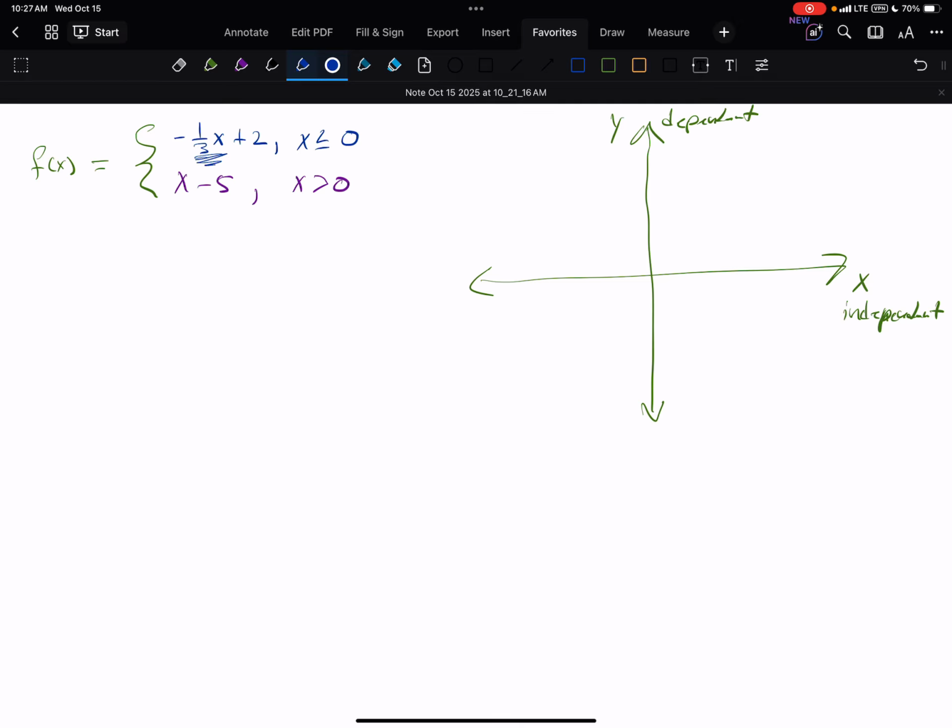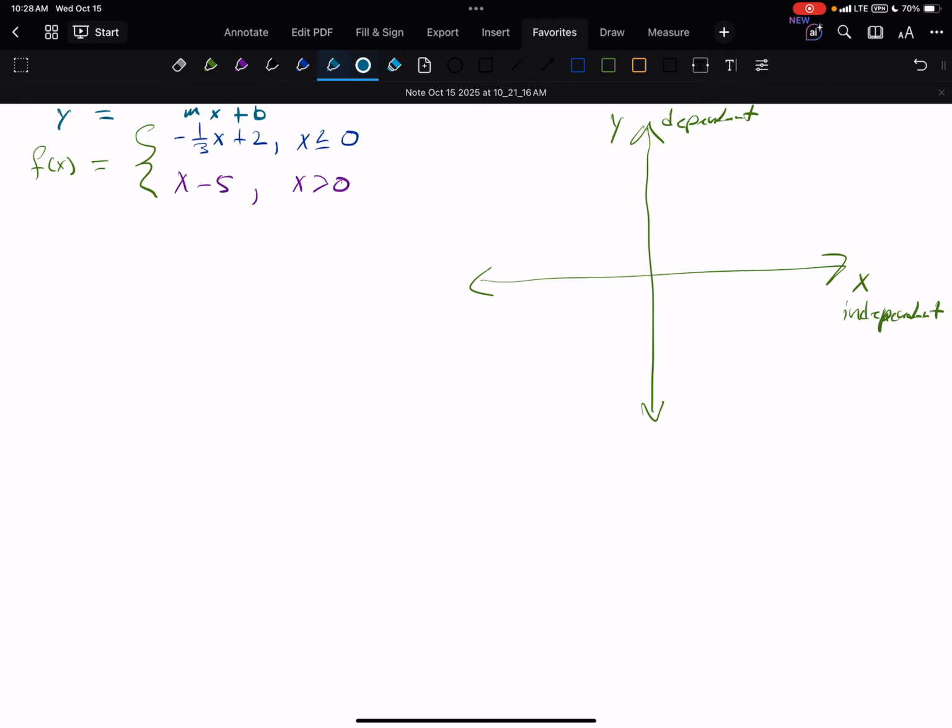Because if I put in 0 for x, that term gets knocked out, and I'm just left with that for my output. I'm also lining this up with y equals mx plus b, right? So y is my output, y equals mx plus b. My b is going to be a positive 2, and my m is going to be a negative 1/3 here.